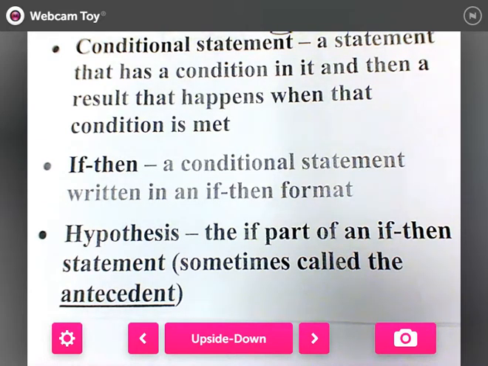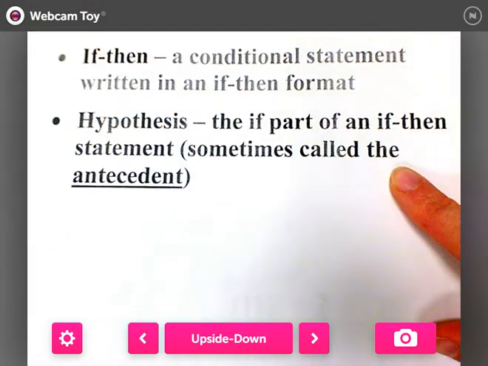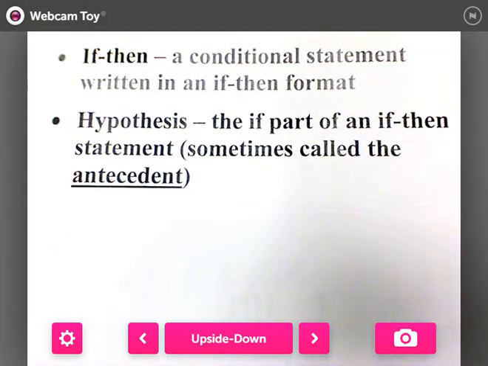Nope, 2 more. Am I going too fast or is this good, guys?